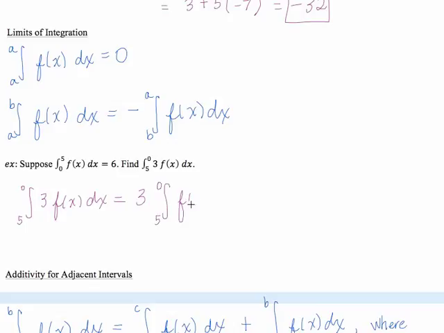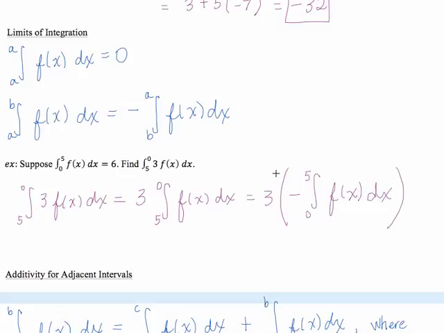But this is backwards. Typically, the lower limit of integration is smaller than the upper limit. Okay, so we can reverse it here because the integral from 0 to 5 is the negative of the integral from 5 to 0. Okay, so this equals the negative of the integral from 0 to 5 of f of x dx.